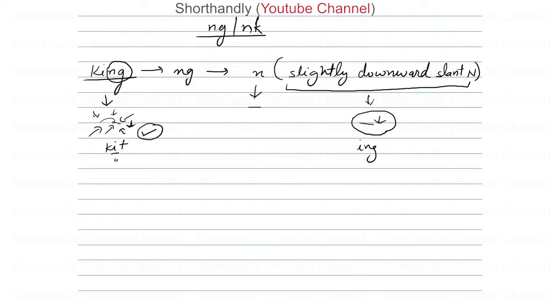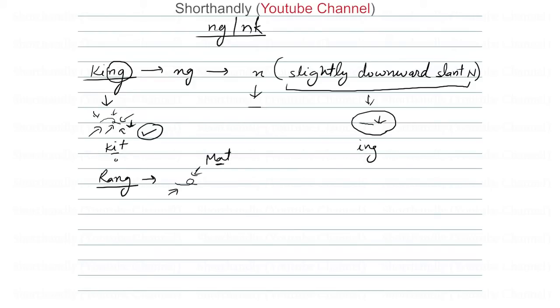In the same way, suppose we have another word called rang. We can make the word rang simply like this. First of all we have R, which is a short curve, and then we have this A, the large circle, which is the A sound as in mat, if you remember from the previous lessons.